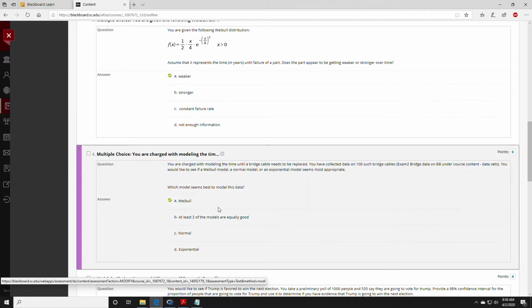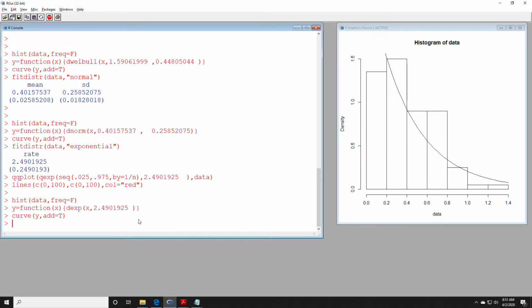And so now when you're collaborating with other professionals, you have this model that can be used to calculate probabilities and quantiles for when a bridge cable needs to be replaced. So for example, one thing that might be of interest is the median amount of time until a bridge cable needs to be replaced.